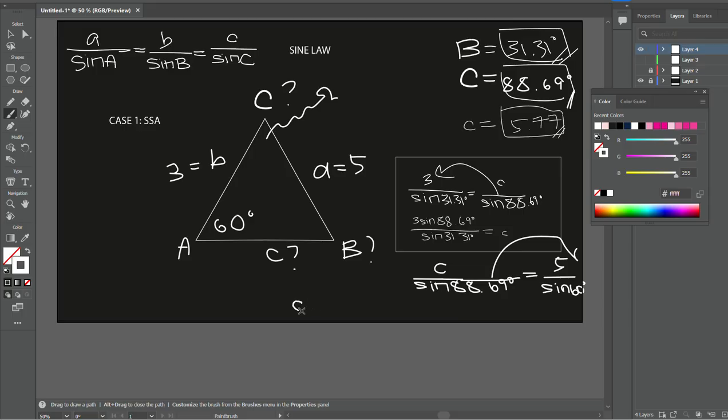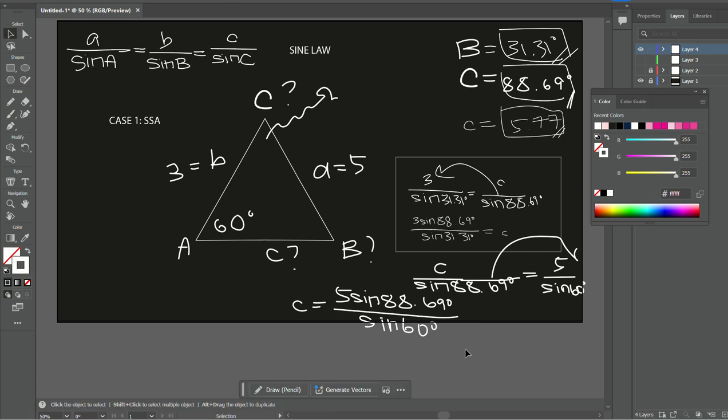So he basically got 5 sine 88.69 degrees over sine 60 degrees. Alright.